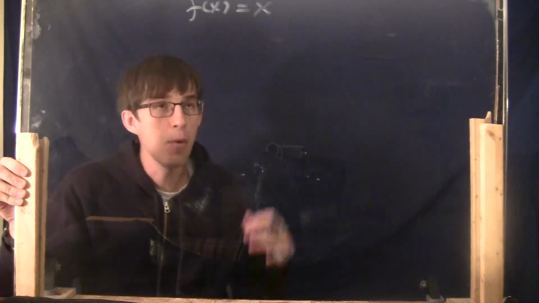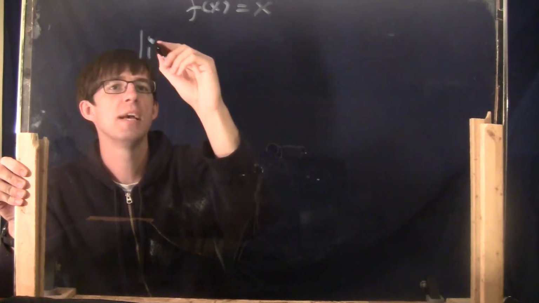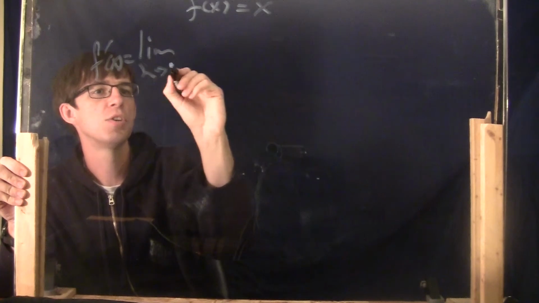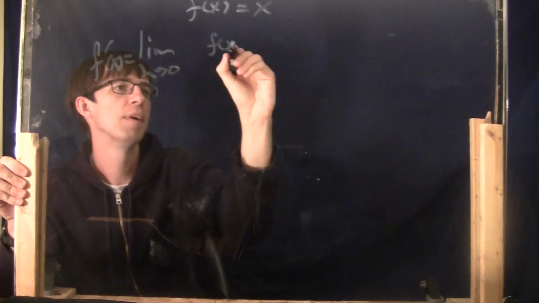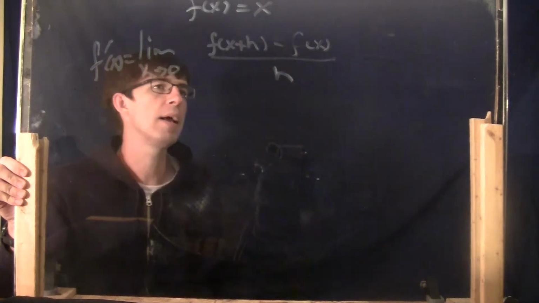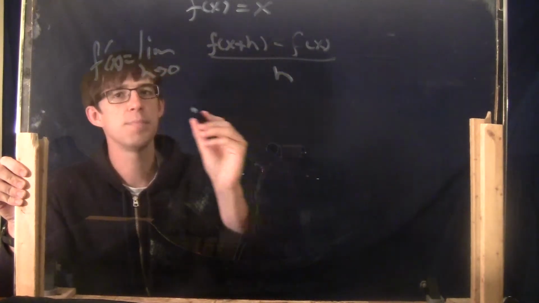What's the derivative of that? Well, let's just do the definition as we always do. F prime of x is the limit as h goes to 0 of f of x plus h minus f of x, divided by h. All right, f of x equals x is my function.